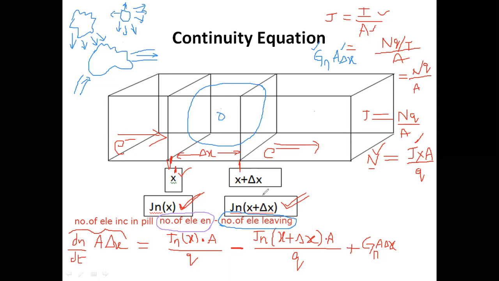Let us suppose here I have a silicon atom inside the pillbox, and I have 4 electrons in its outermost orbit: 1, 2, 3, 4.